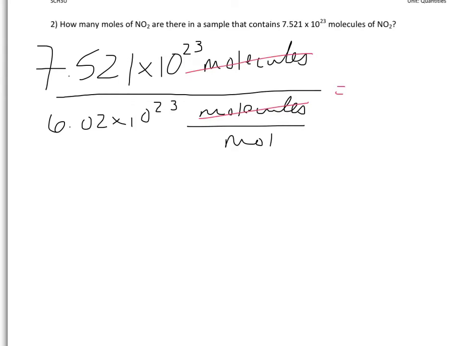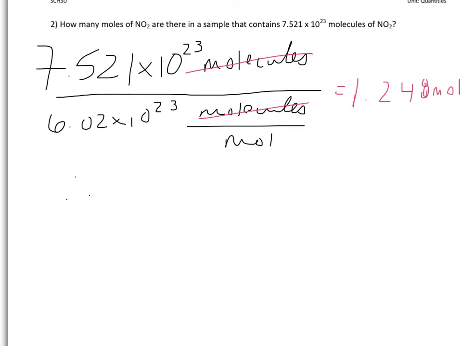If I said 7.521 times 10 to the power of 23 divided by 6.02 times 10 to the power of 23, I would get, and I'm going to write out to 4 significant digits, 1.248 moles. Sorry if my 8 isn't great there. So now I need my therefore statement.